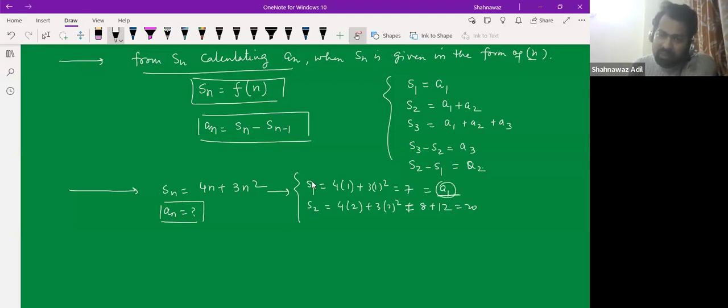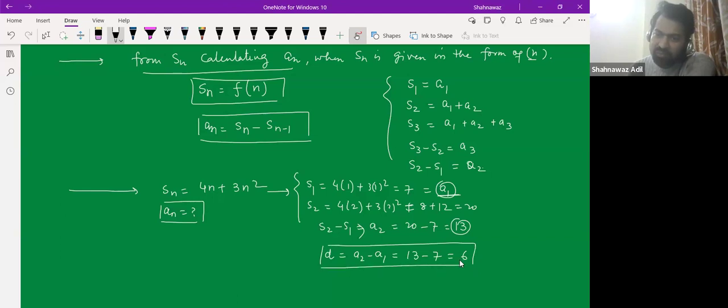And then from S2 minus S1, I can calculate A2, which is 20 minus 7, which is 13. So A2 we have, and A1 I have, so I can also calculate d. So d would be A2 minus A1. This would be 13 minus 7, which is 6. So I have got d as well.